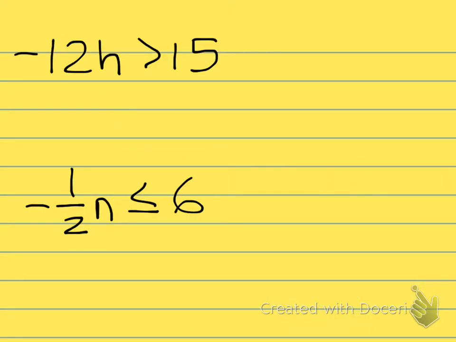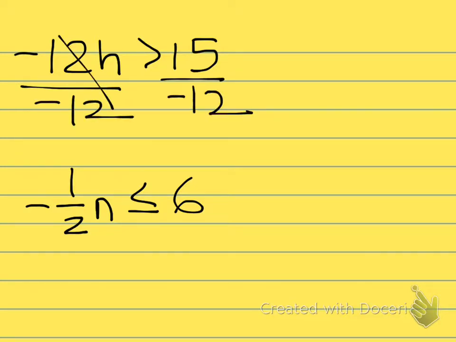Two more problems. You have solving for h here, so I'm going to get h by itself by dividing by -12. Since I divided by a negative, just like when I multiplied by a negative, my symbol changes direction. So I'm flipping my symbol. I need to simplify that fraction, and I get -5/4.